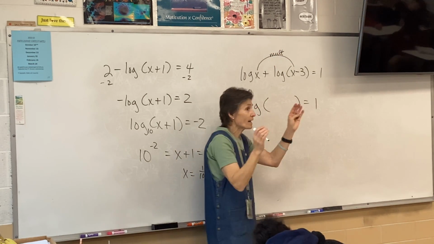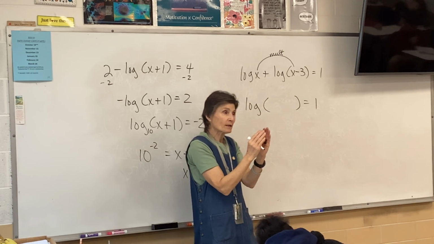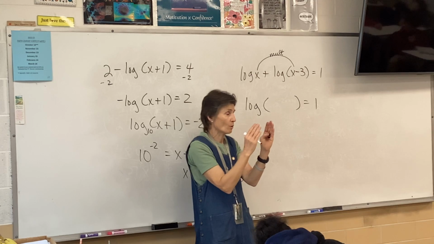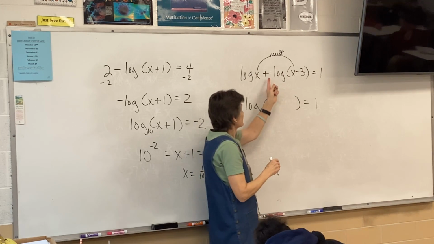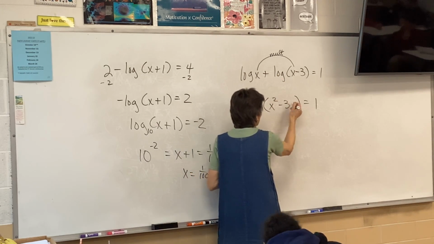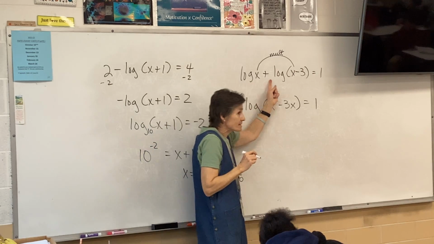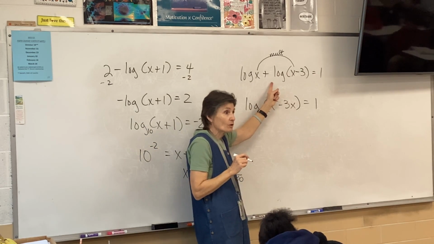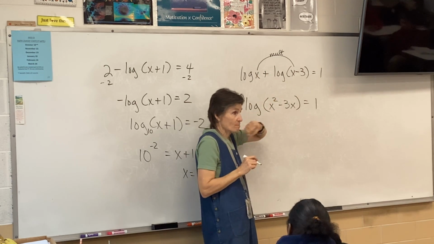When you combine 2 logarithms into one, you're either going to combine them as a times or as a divide. Those are your only options. If it's an add, they go together as a multiply, so it's going to be x squared minus 3x. If it's a minus here, if it's a subtract, they'll go together as a division, x over x minus 3.